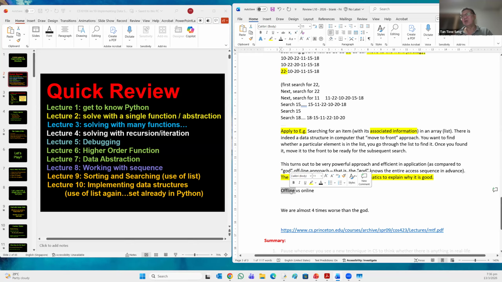Then we talk about how much cost he is paying if he knows how to arrange things. If we're going to be nasty, for example, in this example, 18 is coming up, right? While he is moving 15, he may also move 18 to the front, together with the 15 and so on, to preempt some of these bad cases that one can design to fool us, not to fool him.